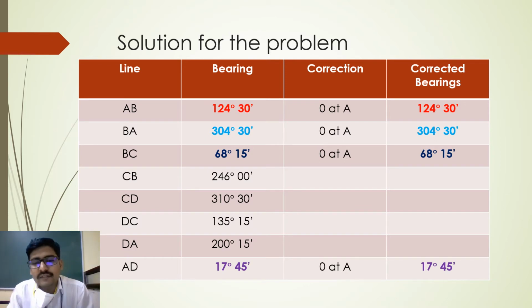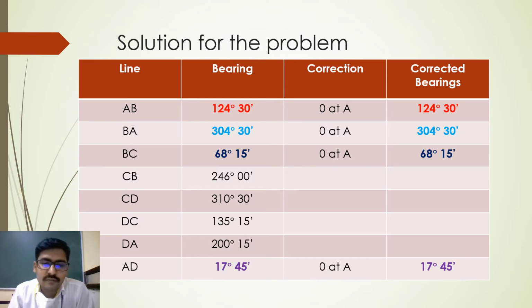And in the previous slide, if you have observed, we have understood that stations A and B are free from local attraction. That is the reason there are 4 bearings which are correct. And I have coded them with colors here: the red one, the blue one, the cyan and the violet.